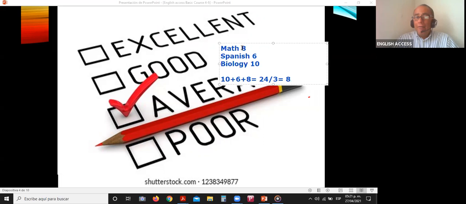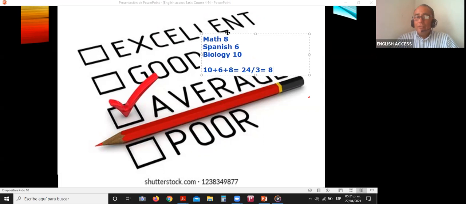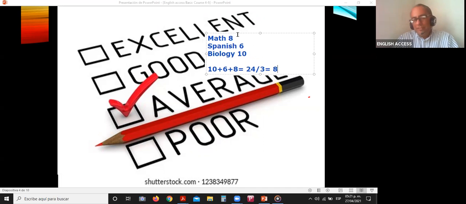So average means something not really high, not really low, or the combination of results divided by the total of the parts. In this case, it's just an example. So what does average mean?